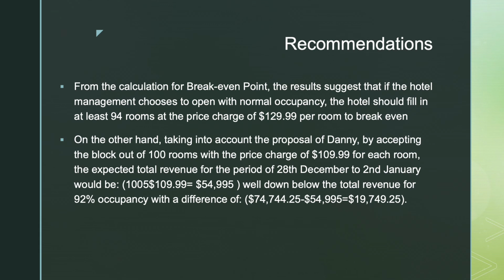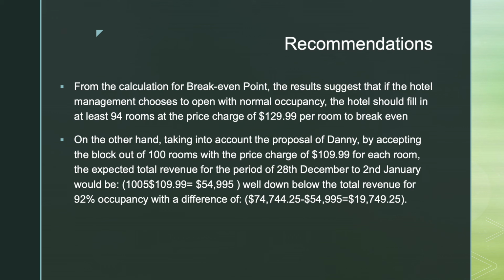And here is my recommendation. From the calculation for the break-even point, the results suggest that if the hotel management chooses to open with normal occupancy, the hotel should fill at least 94 rooms at the price charge of $129.99 per room to break even.